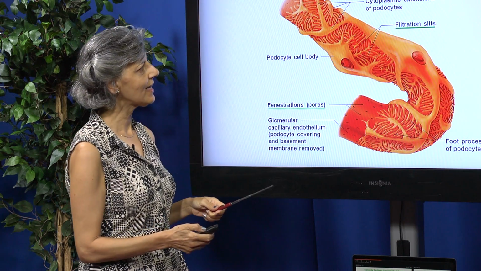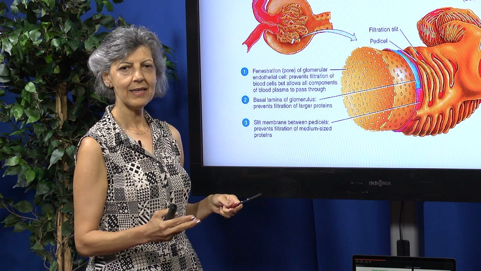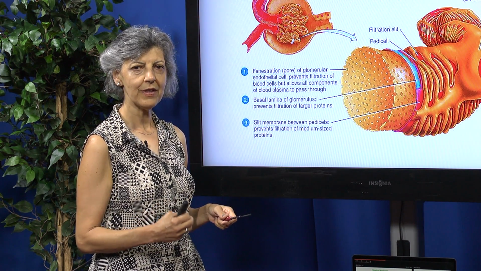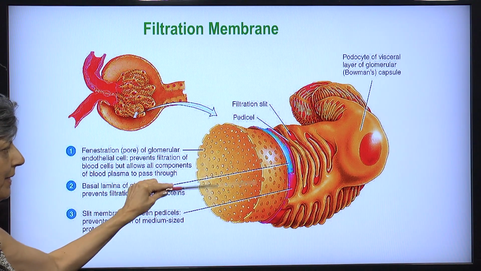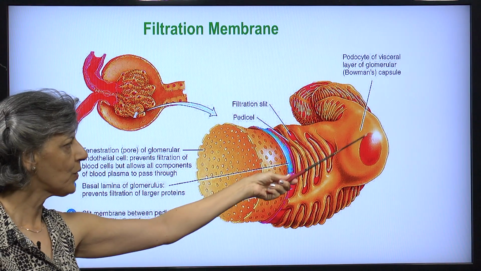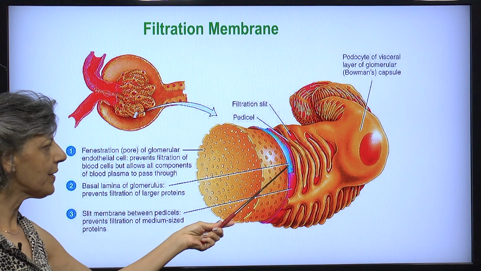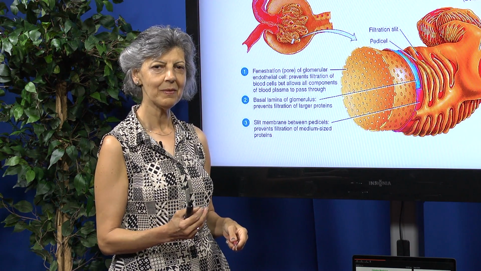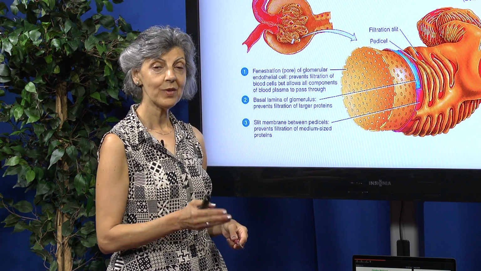So we're going to look again at another very nice picture that clearly shows what are the different components of the filtration membrane. We're starting by the endothelium of the capillary. It has the pores of the fenestra. We have the podocytes that have the slits. In between these two is a double layer of basal lamina. What are the basal lamina? They are a basement membrane that protects every cell.